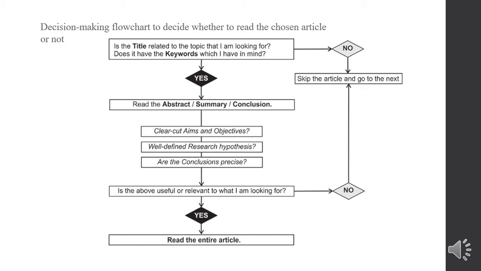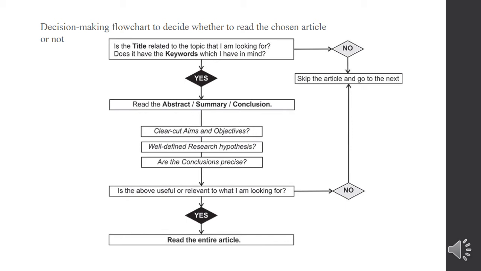The first one is: is the title of the article related to the topic that you are looking for? Does it have the keyword which you have in mind? If the answer is yes, you can go on by reading the abstract, the summary, or the conclusion.